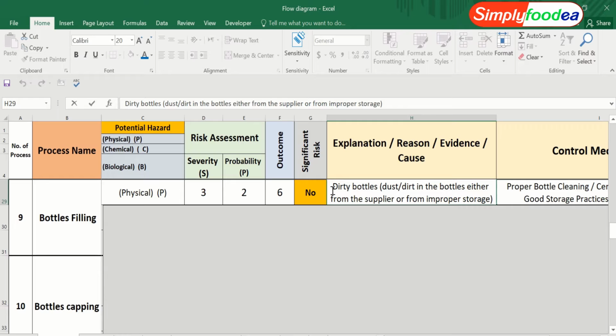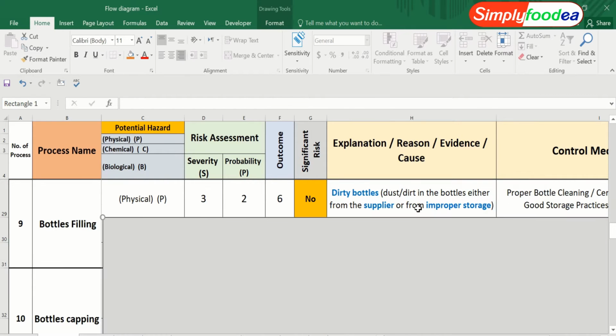We are explaining that dirty bottles, like dust or dirt in the bottles, either from the supplier or from my company or my facility through improper storage. So there must be control in this part. I'm mentioning that there is a possible physical hazard from the bottles themselves, because most beverage companies are importing the bottles from suppliers.